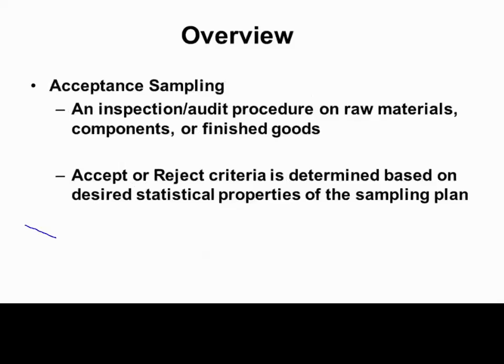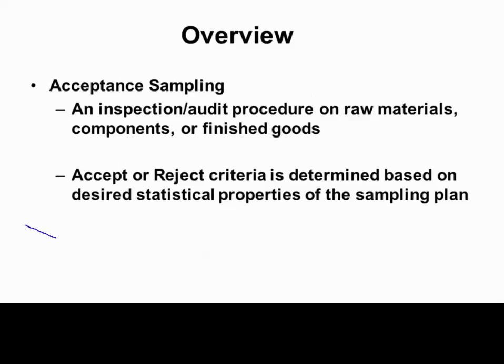All right, so from an overview perspective, what is acceptance sampling? I don't really view it as a control procedure that's going to tightly control our process, and I'll explain more about why that is soon, but it's really more of an audit or inspection procedure.